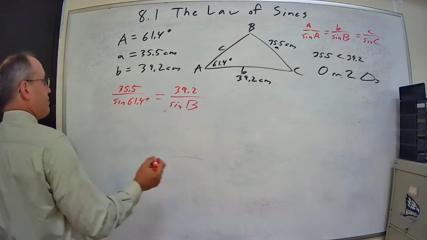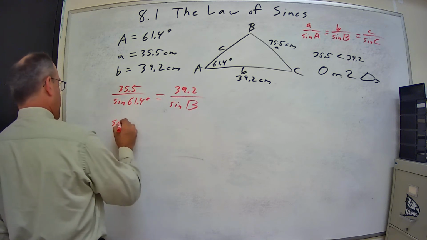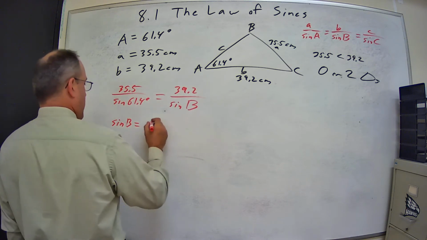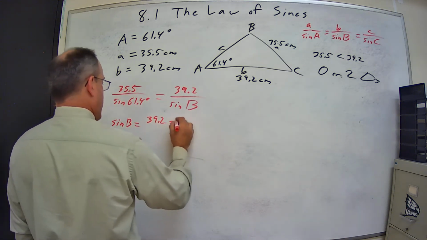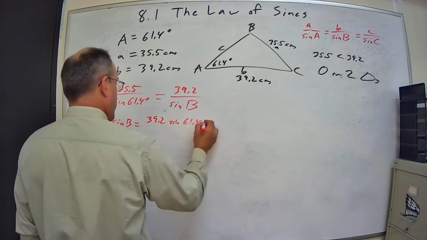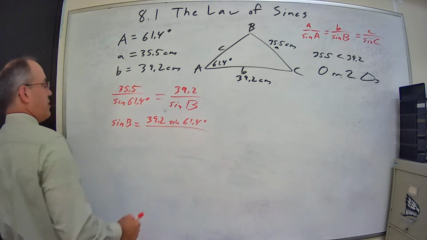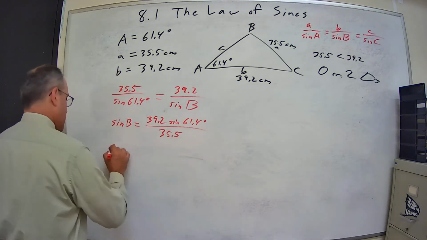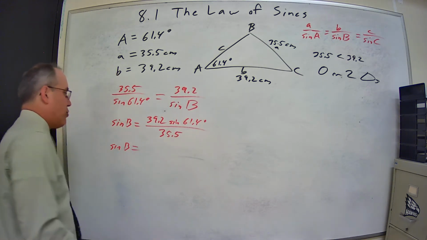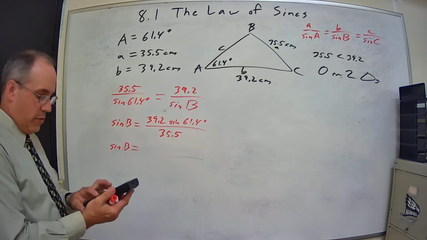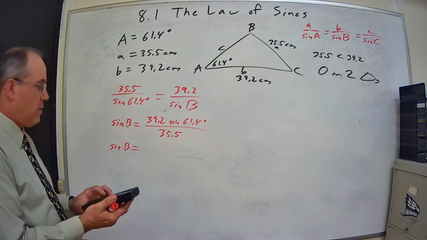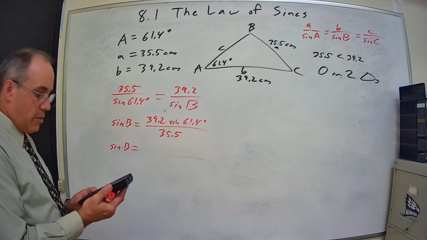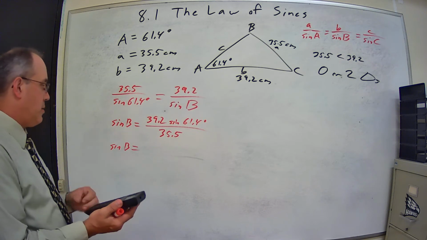So let's see. Sine of B is equal to, multiply the diagonal, 39.2 times the sine of 61.4 degrees over, divide by what's opposite, 35.5. So sine of B is equal to what? The sine of 61.4 is approximately 0.87798.